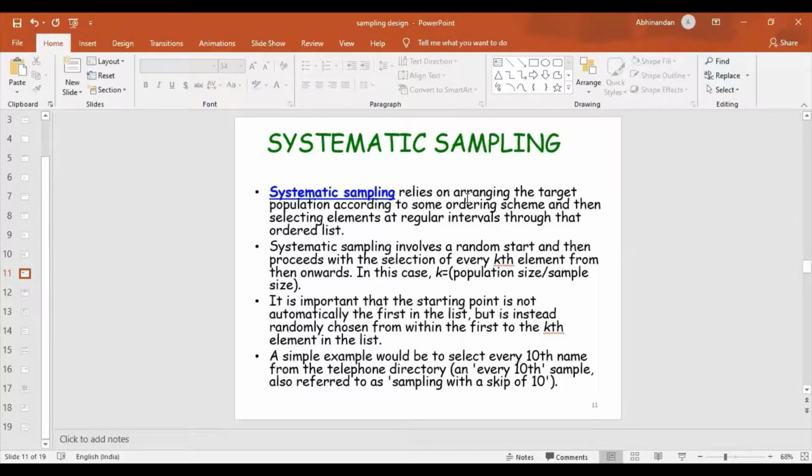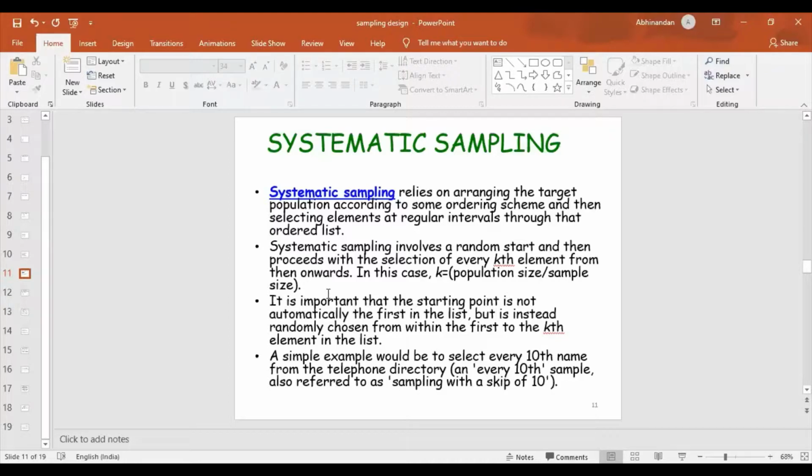For example, from 1 to 100, I can first choose the 10th student, the student who carries register number 10. After that, I have to pick at an equal interval. That interval should be decided based on the population size divided by the sample size.